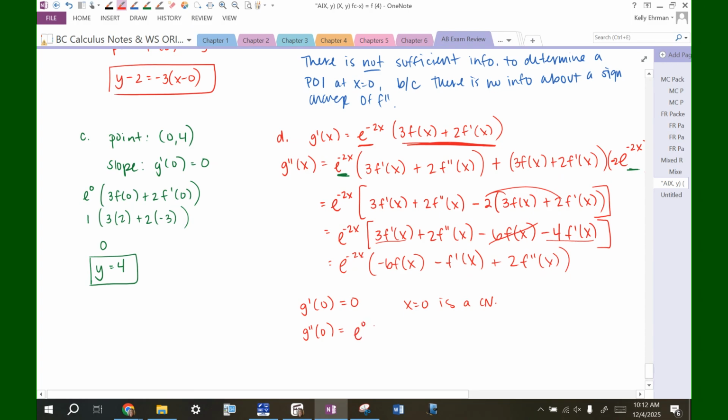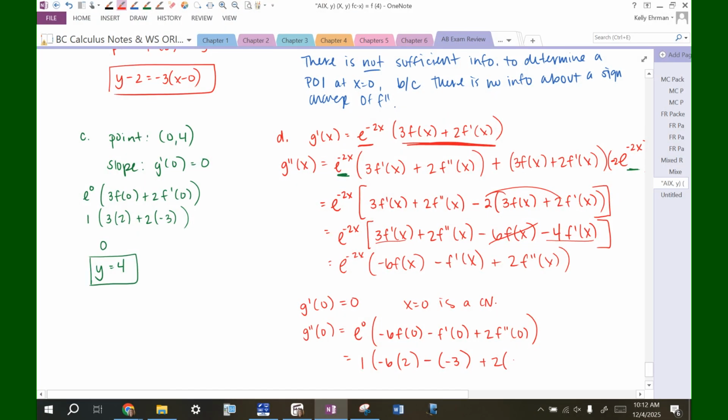It's e to the 0 times negative 6 f of 0 minus f prime of 0 plus 2f double prime of 0. E to the 0 is 1. F of 0 was 2, minus f prime of 0 was negative 3, minus negative 3.